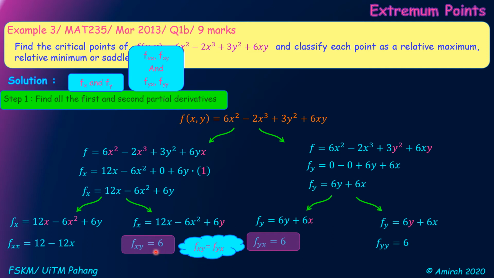So from here, we get fxy equals fyx, which equals 6. So we can use this concept to check if our derivative is correct. If we get fxy equals fyx, it means our derivative here is correct.